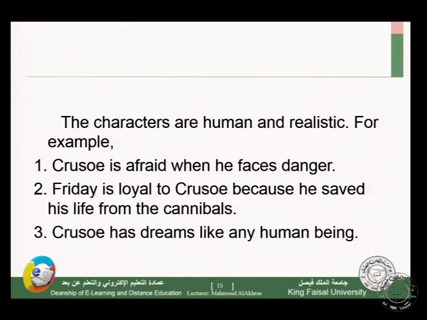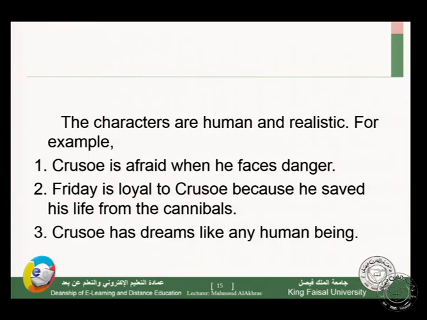The characters are human and realistic. So we can take some examples of this feature. Crusoe, the first example, Crusoe is afraid when he faces danger. So he is human and realistic.